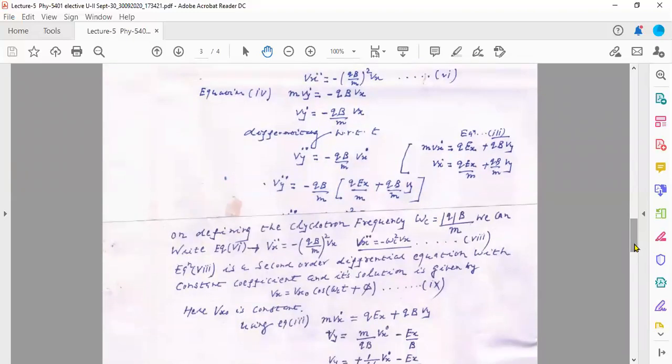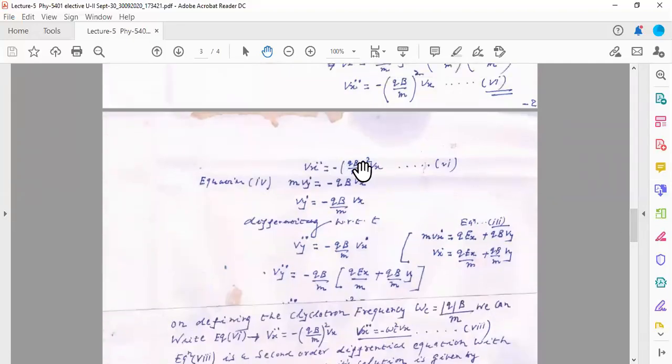Now I'm defining the cyclotron frequency. Because the cyclotron frequency is always positive, we have to write the magnitude of Q, because we cannot write a minus sign; if you have electrons, people write minus EB over M. In order to avoid this difficulty, we write magnitude of Q B over M. So equation number 6, which we have already derived, is nothing but the cyclotron frequency.